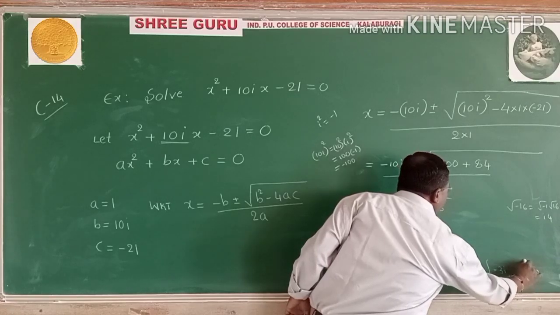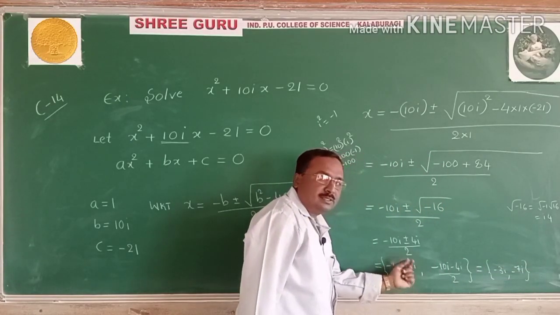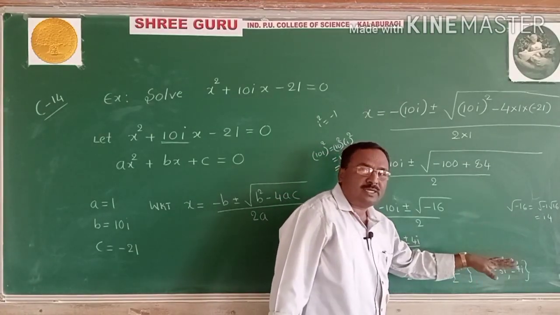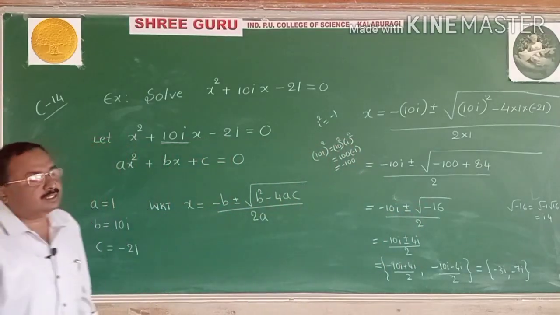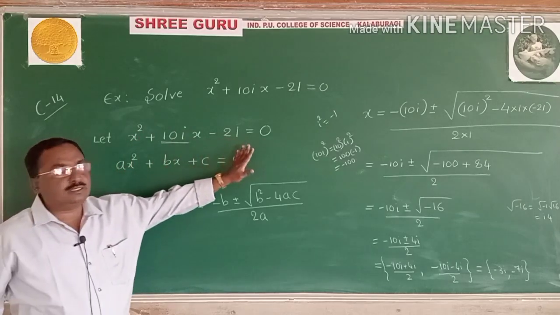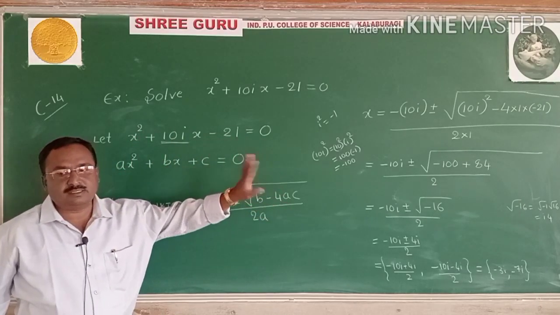The second is minus 14i divided by 2, which is minus 7i. Two values, that is here. This is the quadratic equation. Solve it carefully and we will get the answer.